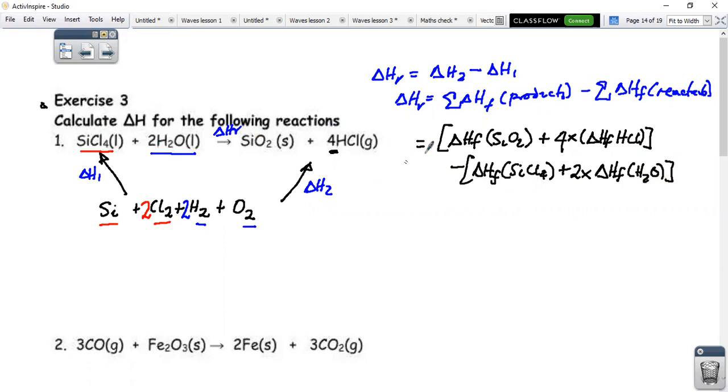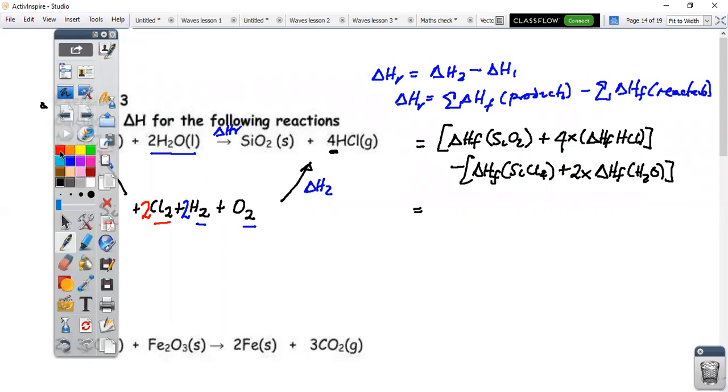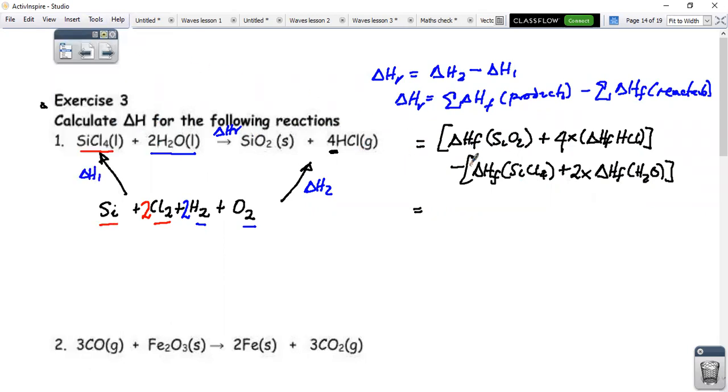Okay. Now, if you look in your data sheet on your page, those values are given. So what do we have here? If I just put those values in here, do you agree that for this here, it would be minus 910, and for this here, it's minus 92?